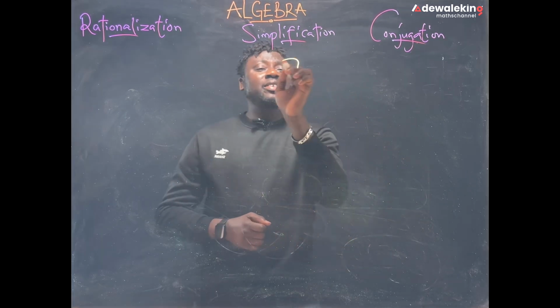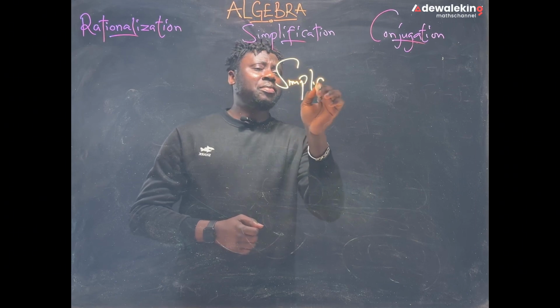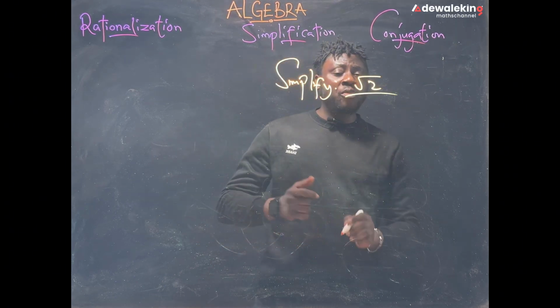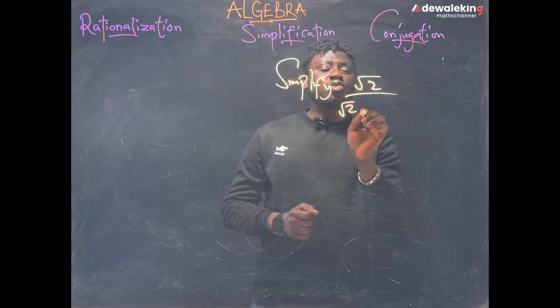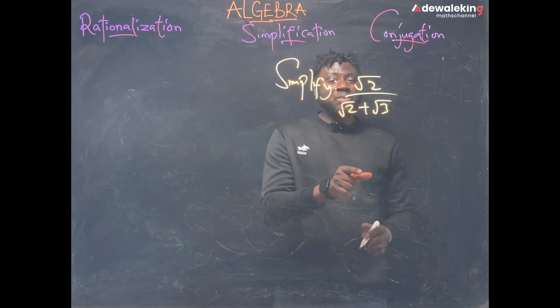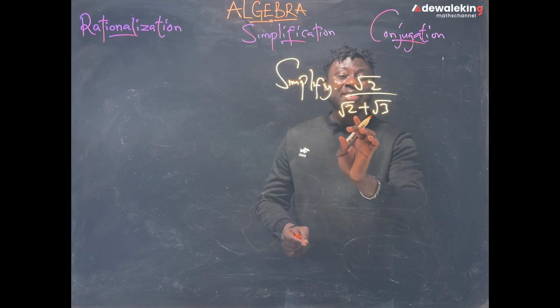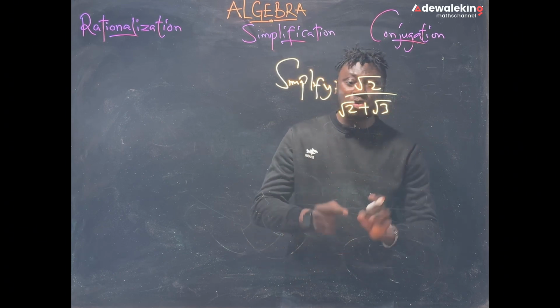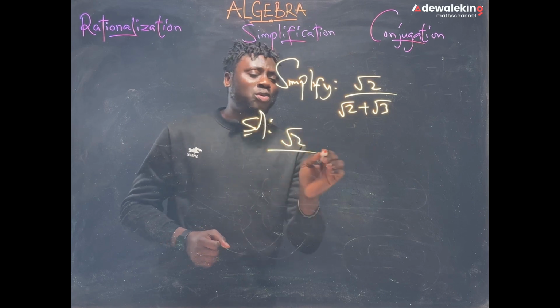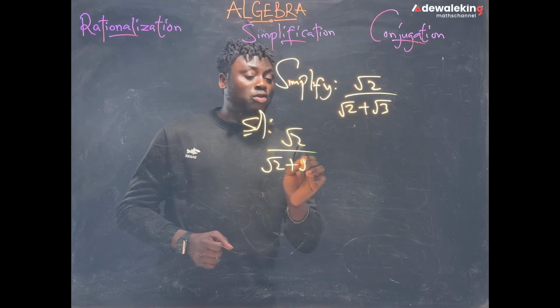If I say simplify root 2 over root 2 plus root 3. Now, to solve this, you observe that the denominator is a binomial surd. So to solve this, you say solution. You say root 2 over root 2 plus root 3.